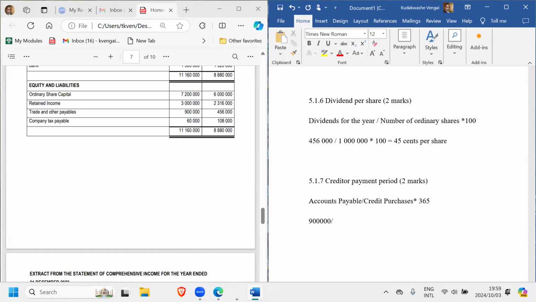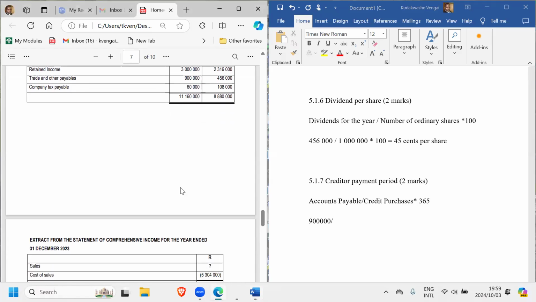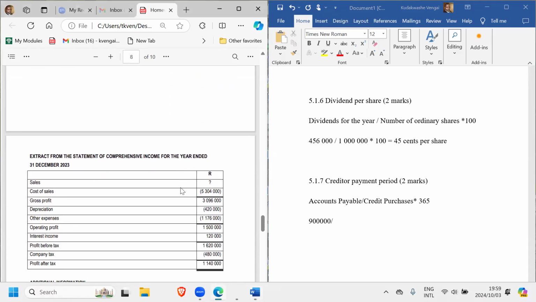Divided by credit purchases. If you check here, you are not given credit purchases. You are given cost of sales. So you need to calculate credit purchases, multiplied by 365. So how do we calculate credit purchases? Right.